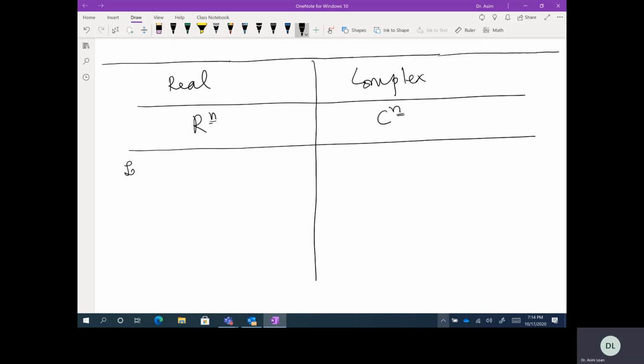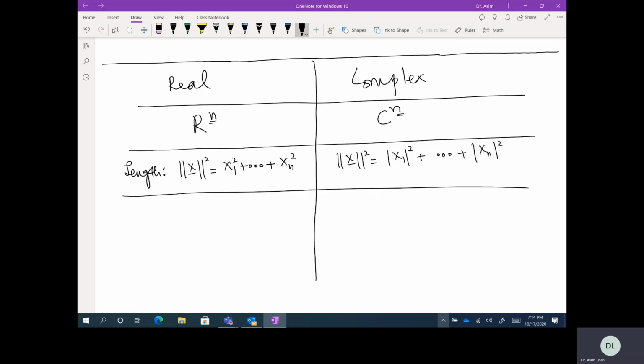When I want to find the length, the length is norm of x squared. This is simply x1 squared plus up to xn squared. The length here is absolute x1 squared plus up to absolute xn squared. What about the transpose?